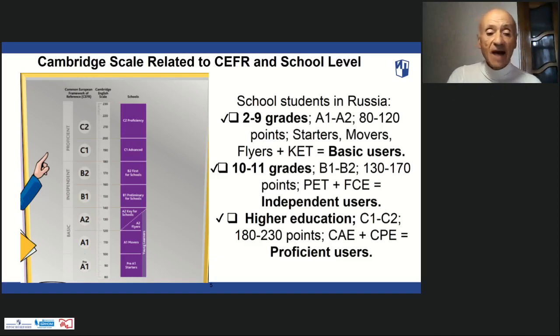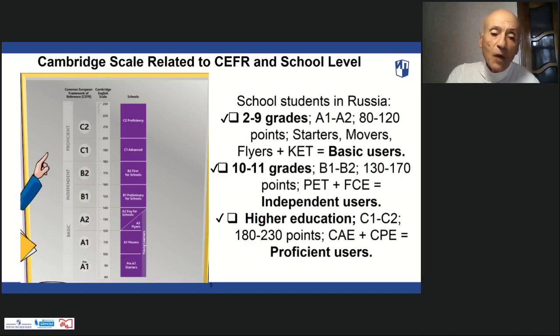If the students are at A1 level, and that's normally, as I said at the beginning of this webinar, students attending grades between 5 through 7, roughly speaking, they can score on average 100 to 110 points, and they can already sit the Movers exam, and that corresponds to A1, Common European Framework.